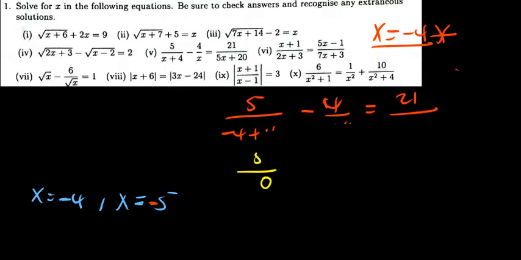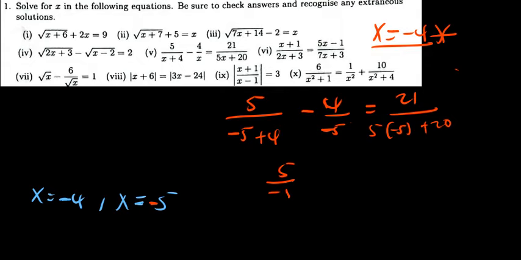If we plug in negative 5, here we're going to have negative 5 plus 4. Here negative 5, here negative 5 times 5, then plus 20. So here we have 5 divided by negative 1. Then here it's the same as just putting plus 4 over 5 is equal to, that will be negative 25 plus 20.